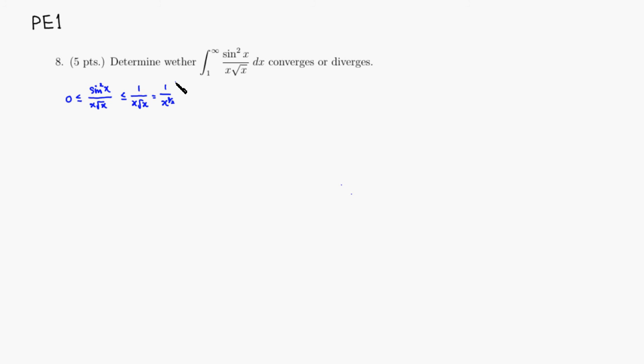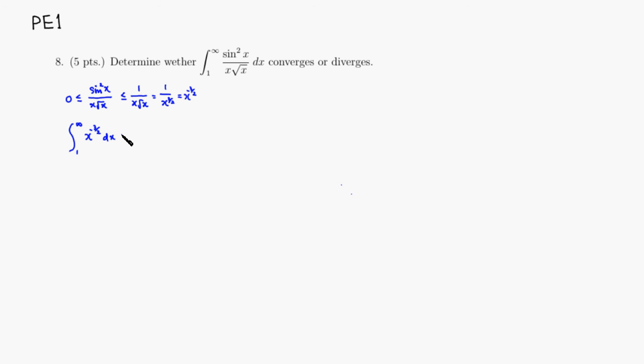So instead of working on the original somewhat complicated improper integral, we're going to work on this improper integral. Actually, I want to write it as x to the negative 3/2. So let's look at the improper integral from 1 to infinity of x to the negative 3/2 power with respect to x.